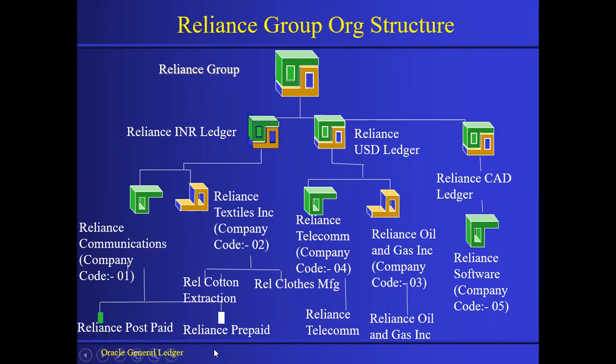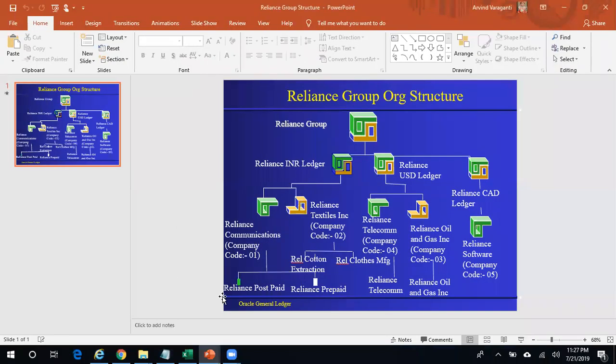In order to proceed with the creation of these ledgers, first I need to have the chart of account structure. So the purpose of this video is to show you how to create a chart of account structure. And in my later videos, I'll show you how to create the ledger and the structure.